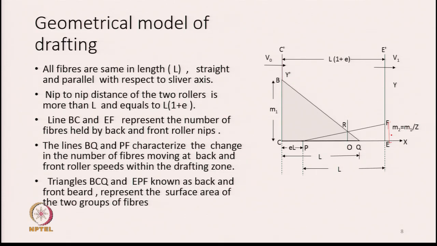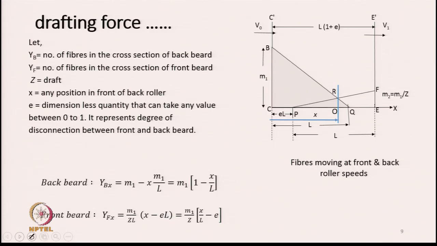Now, from here we go to the next slide. Let YB be the number of fibers in the cross section of the back beard. We call it back beard and front beard.